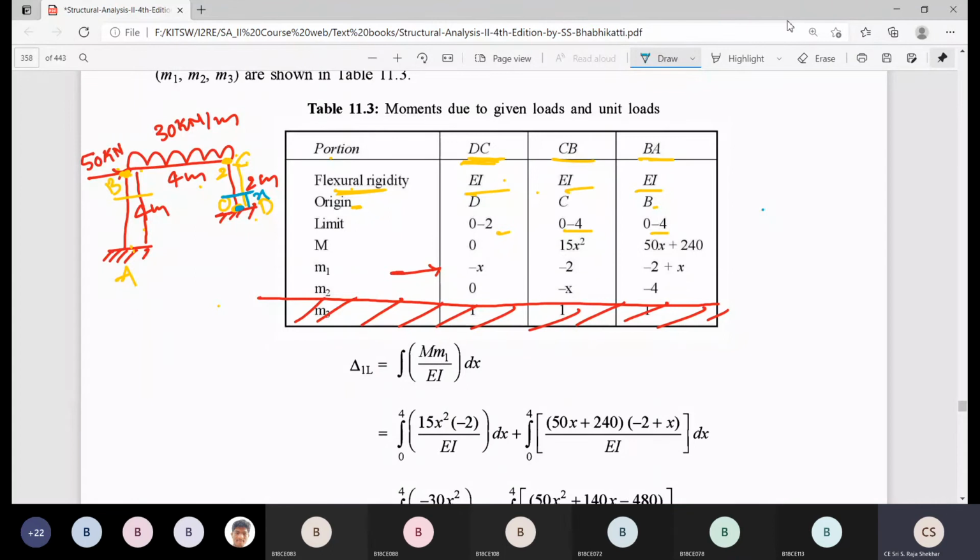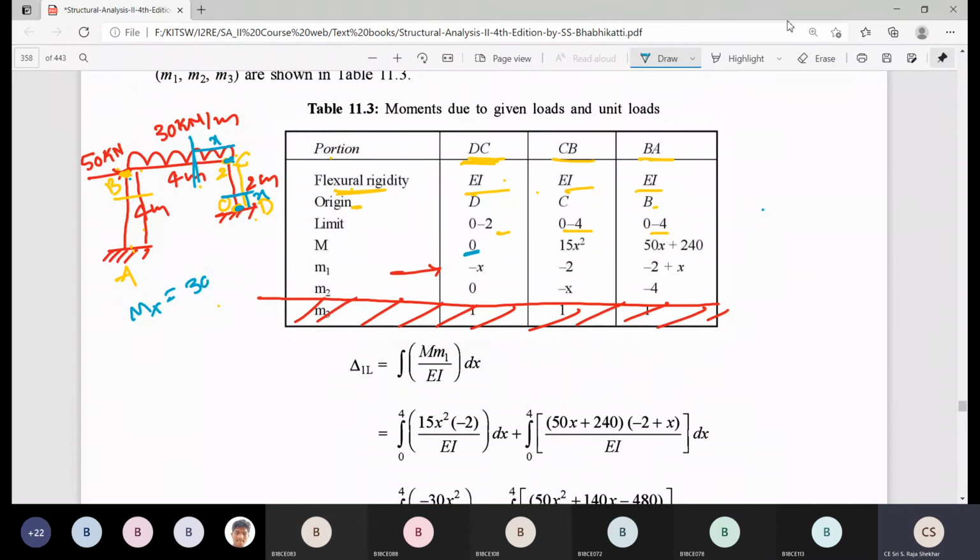Now, to take a section in the CB member and calculate the bending moment at this section X in the CB member: the intensity is 30 kilonewton per meter.